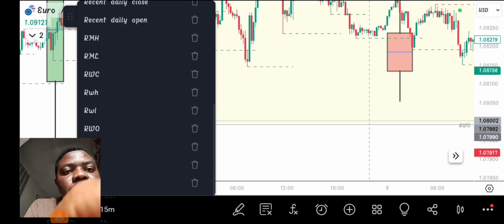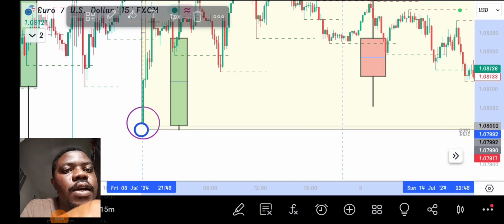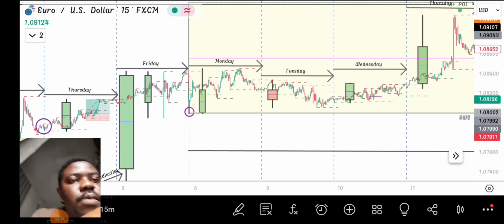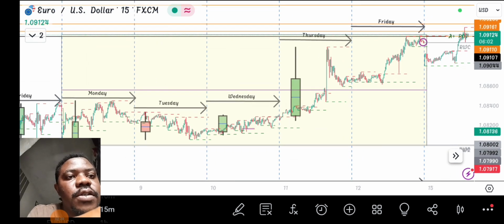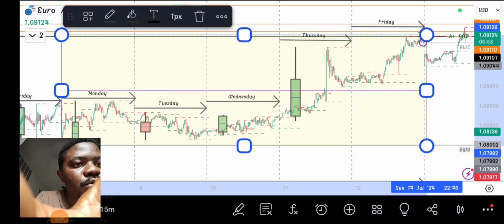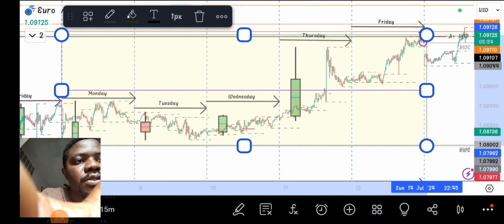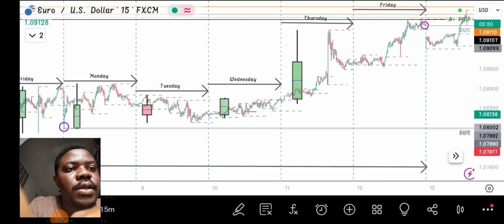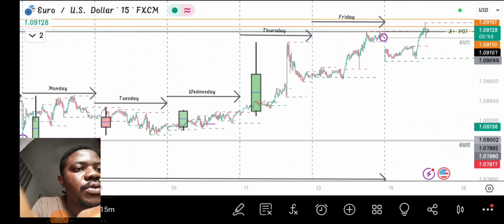I have to take this box off my chart so that we can see, because we've used it to trace where price gave us the highest points and the lowest points, which is still the same low there.